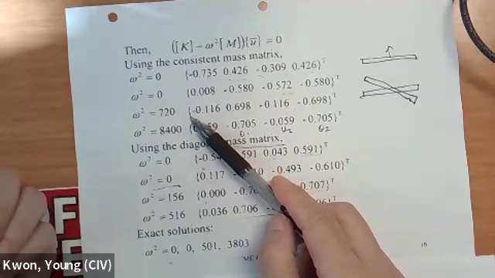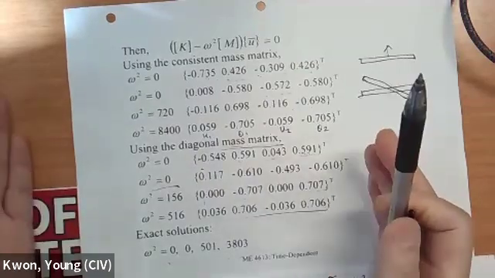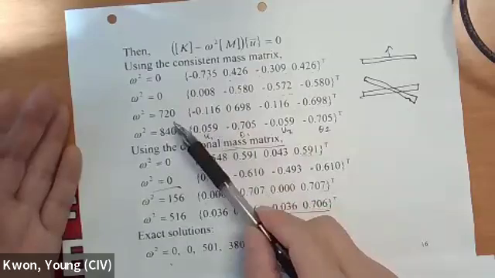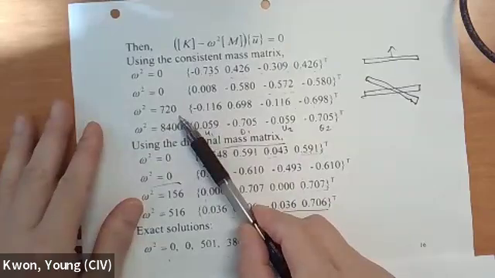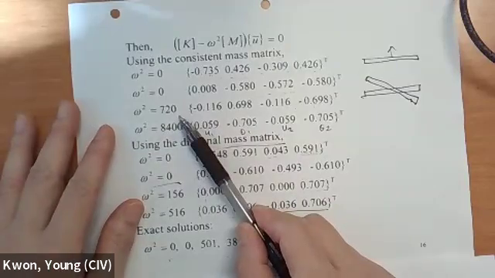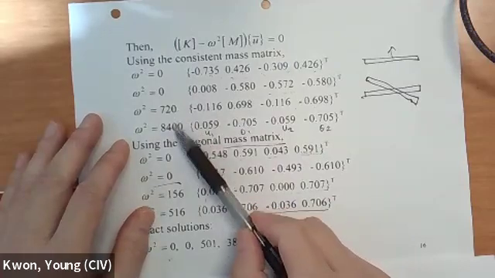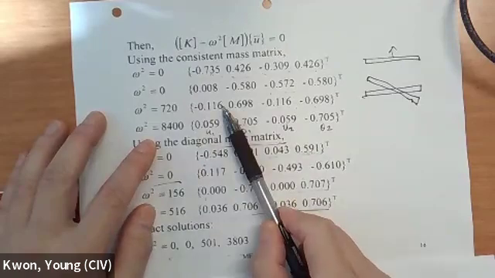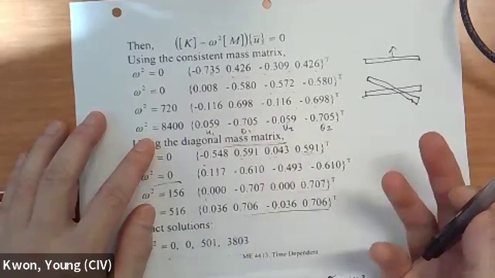But the good news is that if you have a large number of degrees of freedom, the accuracy of the eigenvalue and eigenvector is better for lower eigenvalues compared to higher ones. In other words, if you have two eigenvalues and eigenvectors, the first one is supposed to be more accurate than the second one compared to the exact solution.